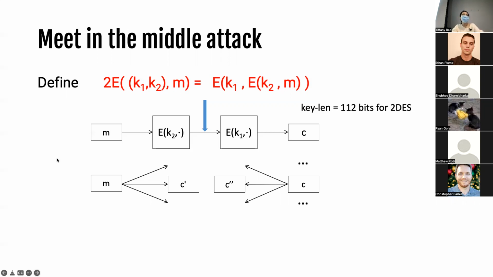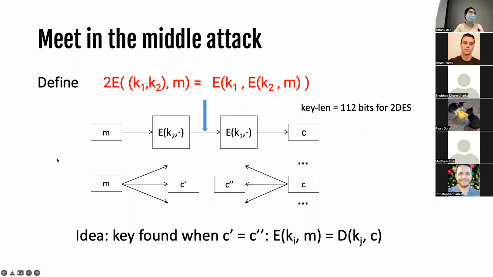So what if we enumerate K1 and enumerate K2 separately and independently? So it's not putting K2 under K1, but instead enumerating K1 and brute forcing it, and then K2, enumerating it and brute forcing it, and then seeing if we can find some common ciphertext from the encryption under K2 and common plaintext from the decryption under K1, so that they meet in the middle.